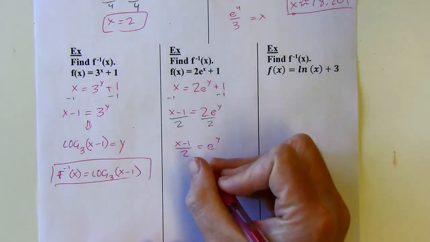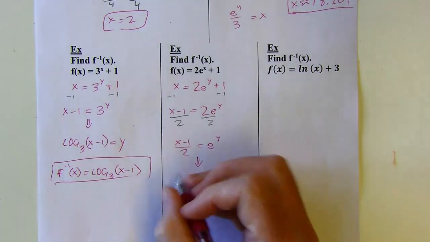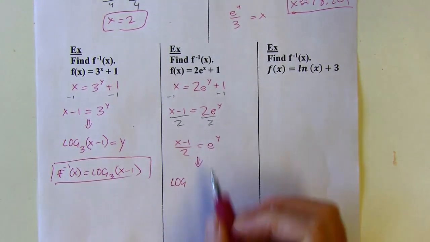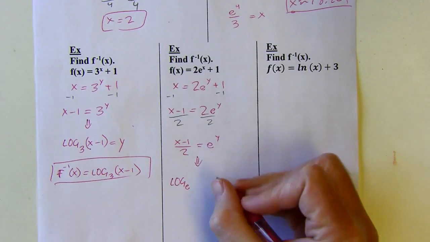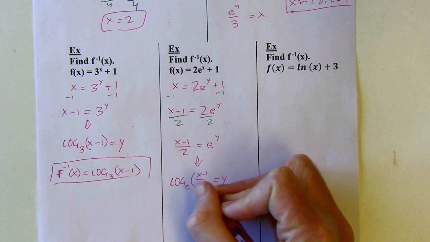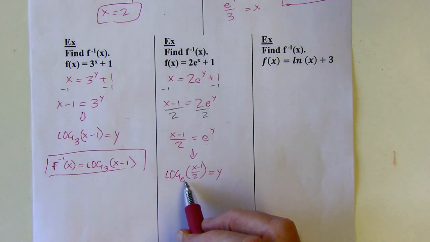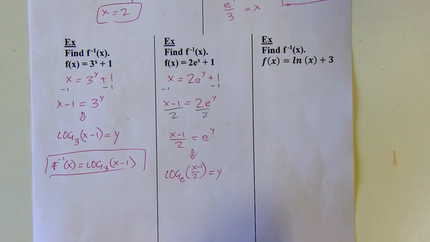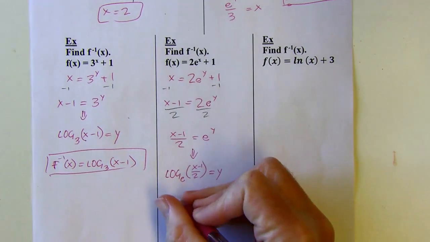Okay, and now the only thing I can do is convert this into log form. So let's see. My base is going to be e. The y is going to get isolated because that's the exponent, and then the fraction is going to be the contents. And again, use parentheses to make it clear so it doesn't look like e to the second is the base or something like that. Okay, so, hey, wait a second. I've got log base e. Well, that's my natural log, right?